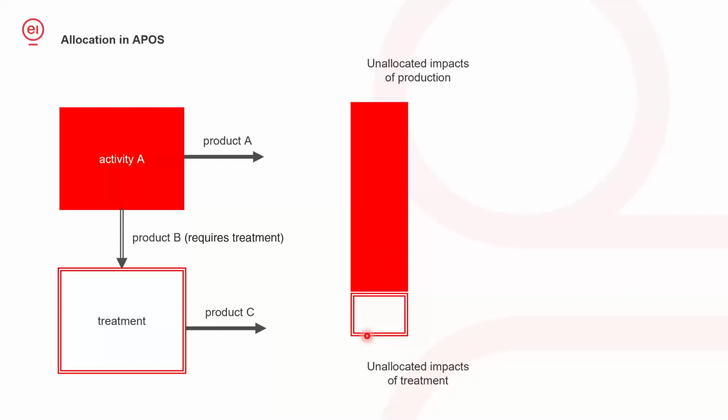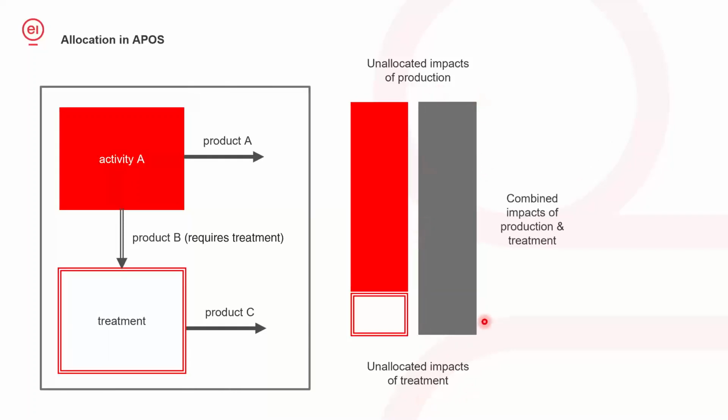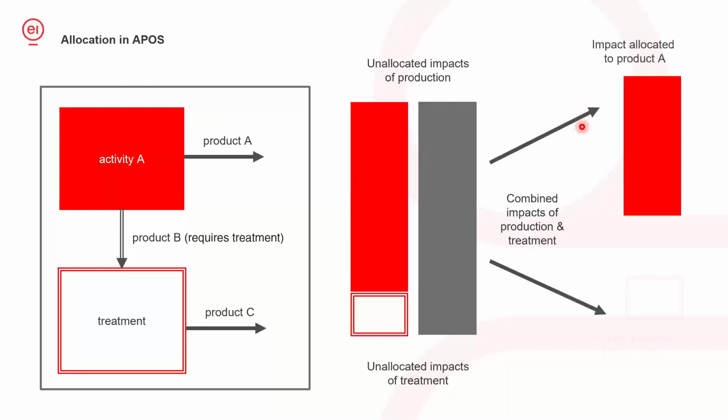In the cutoff system model, the sum of these impacts would be allocated to product A, and product C would come out of this supply chain burden-free. In the APOS system model, we calculate the sum of all the impacts in this expanded system, and then we allocate to products A and C based on their economic value.